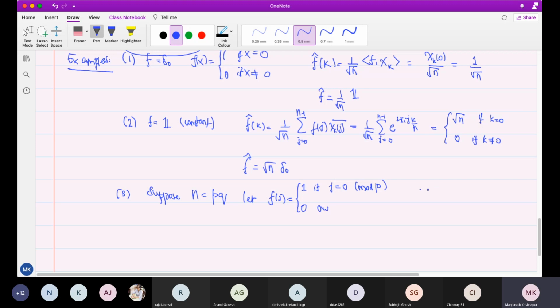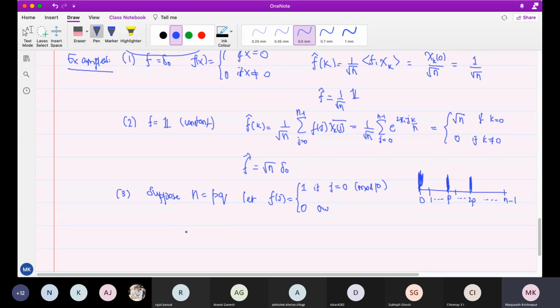So if I plot this function, here is 0, 1, up to p, and then 2p and so on up to n. This is a function which is like a bunch of spikes. Graphically, it is 1 at 0, p, 2p, and so on, and it is 0 elsewhere. And this goes up to n minus 1 here. So it's a bunch of spikes.